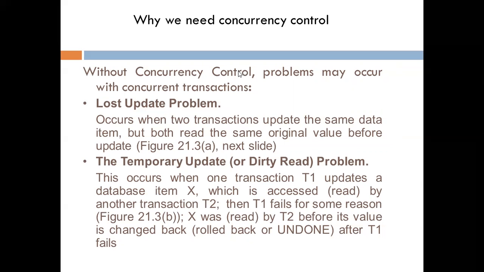Then T1 fails for some reason, but X was read by T2 before its value was changed back after T1 failed. Rollback and undo are done, but T2 has already read the value. So when a transaction fails, we also have the problem of temporary update.